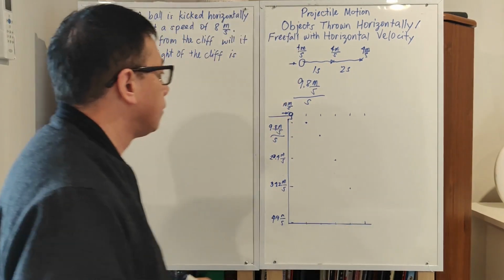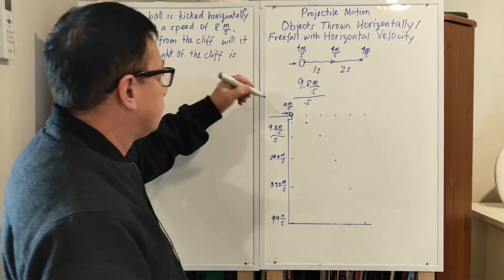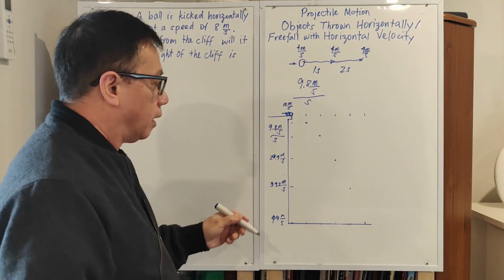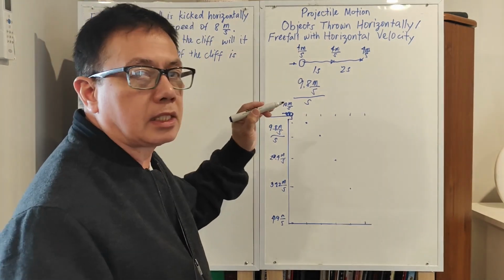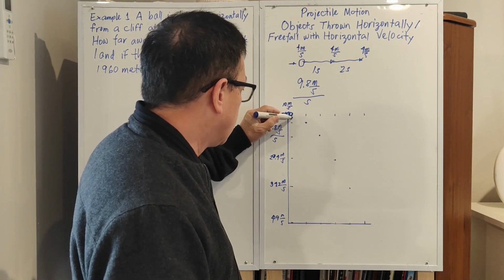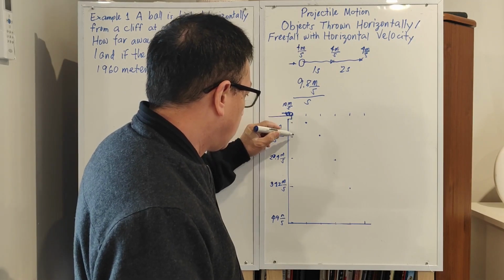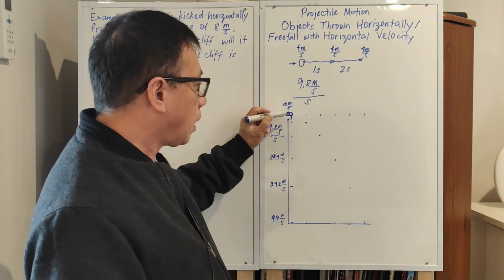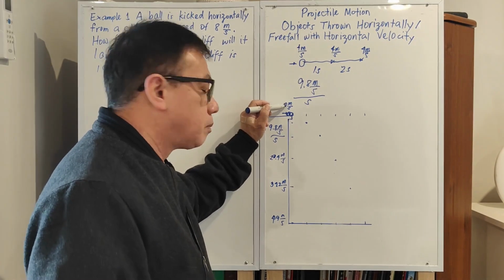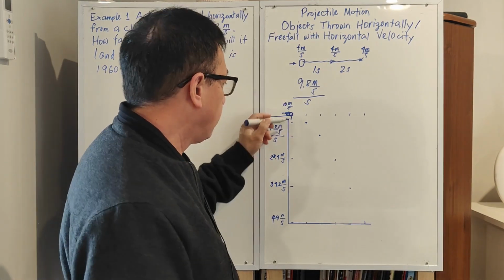So for example, if you have two objects and you release them at the same time, one of the objects is just released from 0 downwards, and at the same time you release another object at 10 meters per second horizontally.